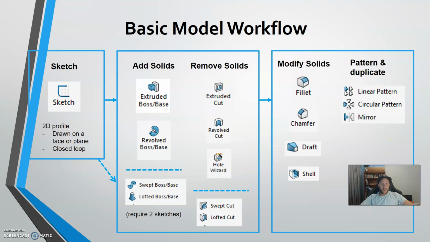Then these features in this box allow us to modify the solid. So we can round corners, we can change the side angles, we can hollow the part, and we can also duplicate and move things. So this is kind of like a hierarchy. So these features will depend on having these in your model, and you cannot have a solid in your model without some sketches or a sketch.